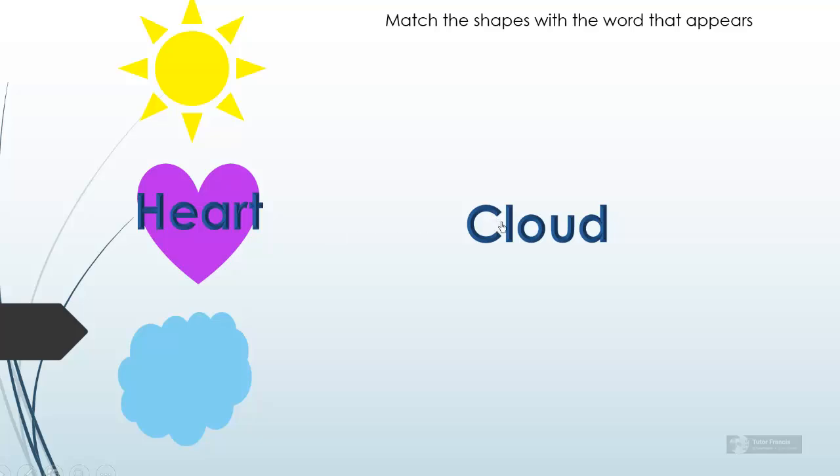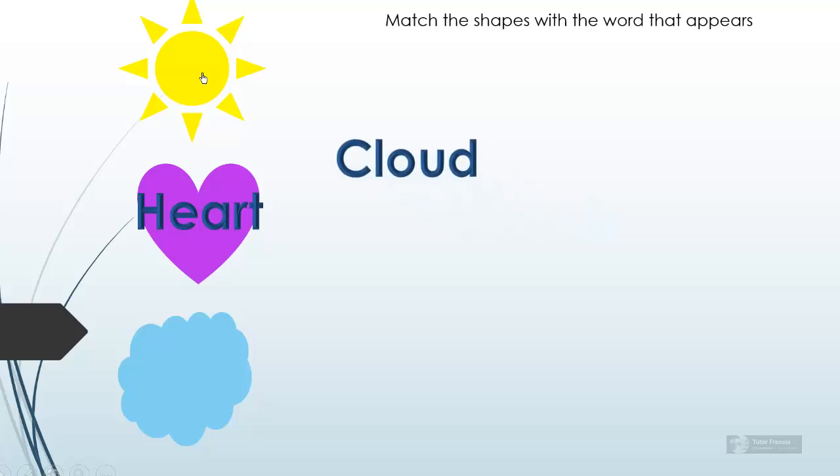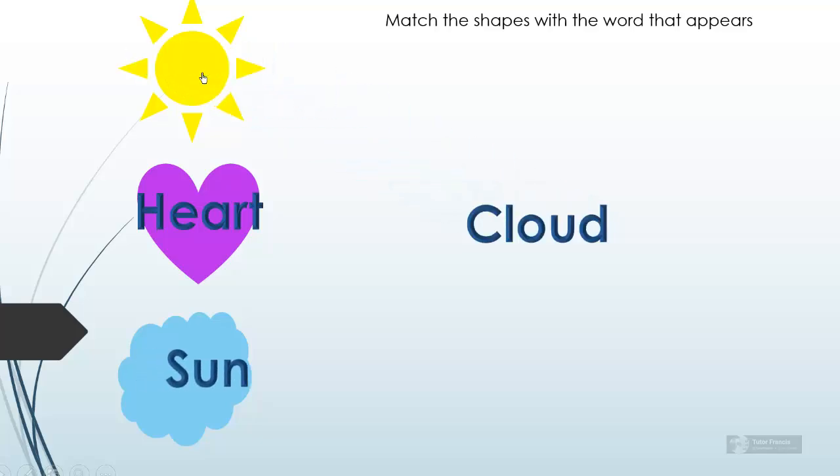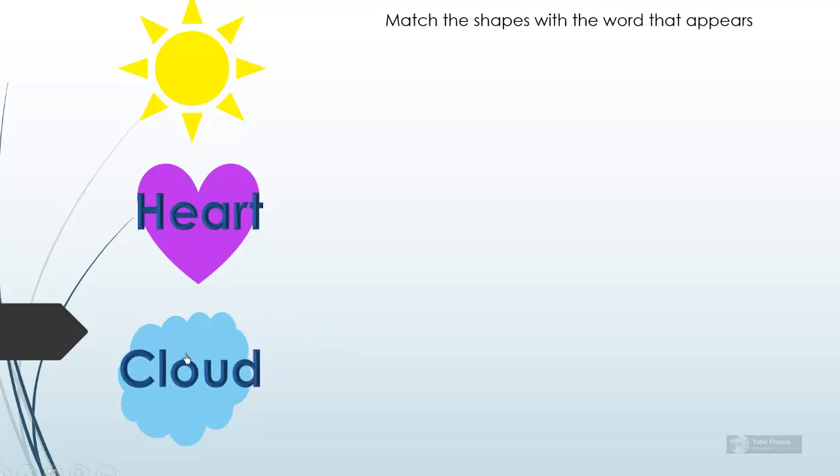Then we are left with cloud to match with either cloud or match with sun. If you match with sun, it doesn't work. If you match with cloud, it worked.